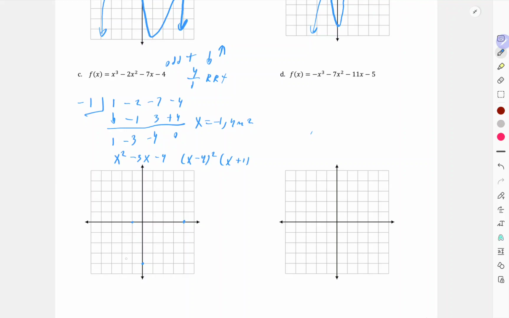And what that tells me is, okay, this is -1, right? But -1, oh, okay.